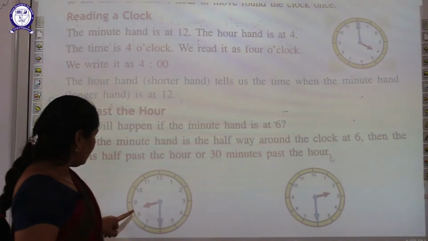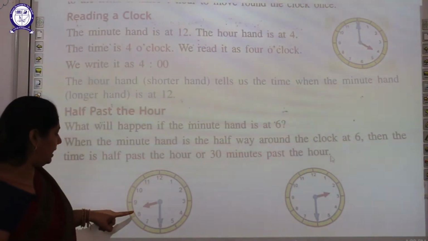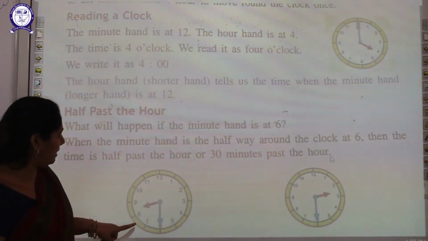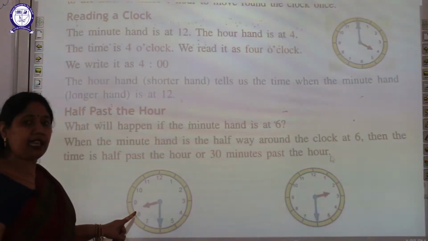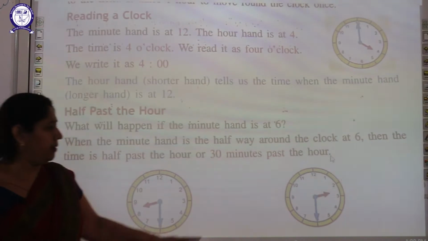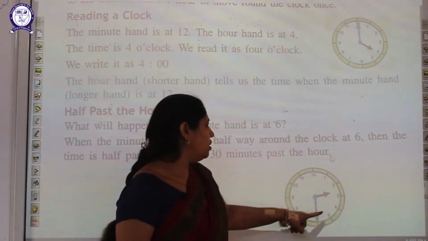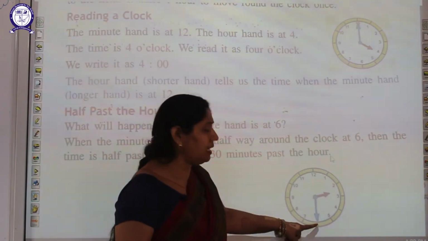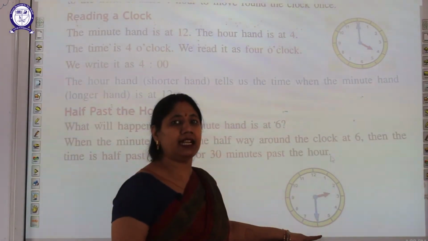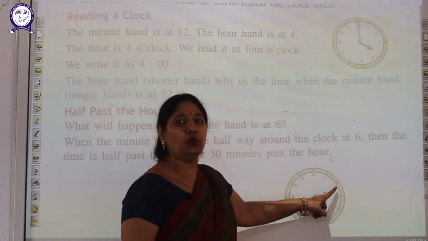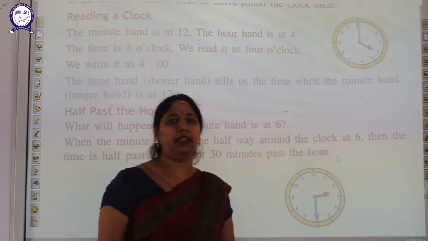Look here, the shorter hand is between 8 and 9. So the time is half past 8 or 8:30. The hour hand is between 2 and 3 and the minute hand is halfway, at 6. So the time is half past 2 or 2:30.